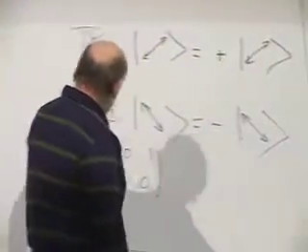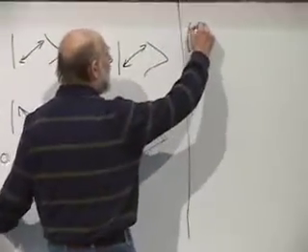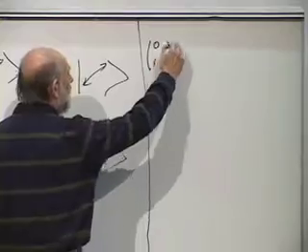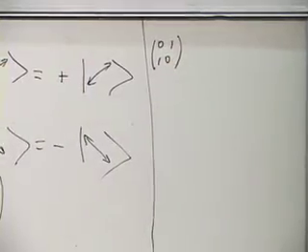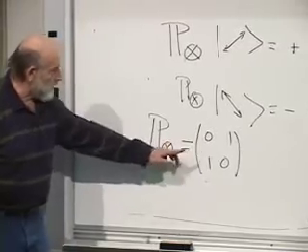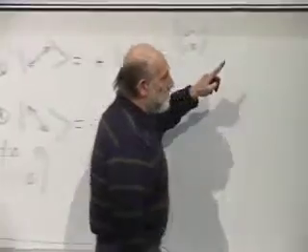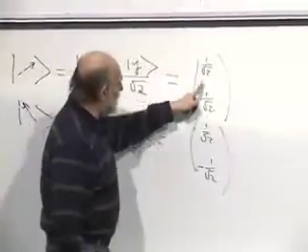All right. So what this says is that the matrix 0, 1, 1, 0, that's the conjectured form for this polarization observable, multiplies this vector, but that's just 1 over square root of 2, 1 over square root of 2.